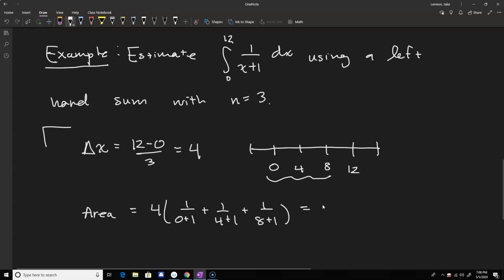And that comes out to 4 times the quantity 1 plus a fifth plus a ninth. If you want to round that to 2 places, that would come out to about 5.24. And that's it.